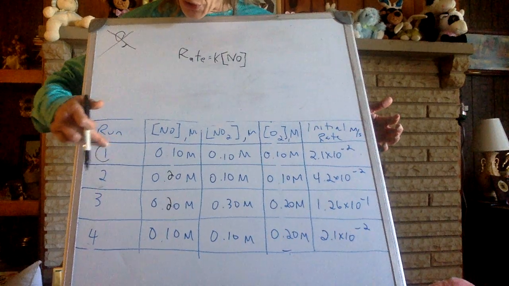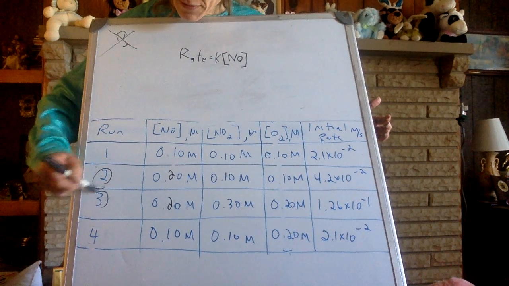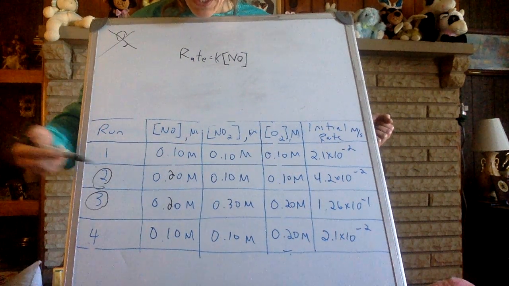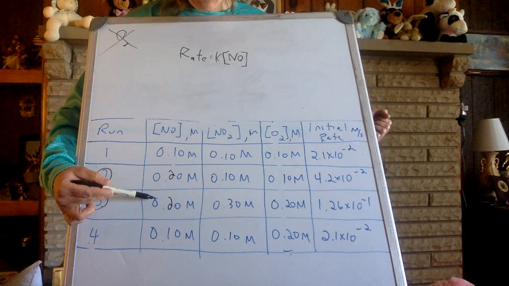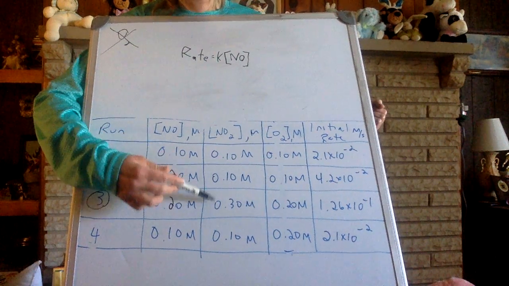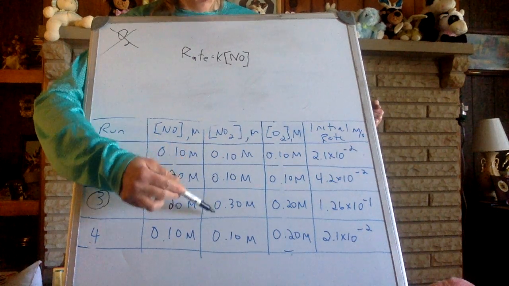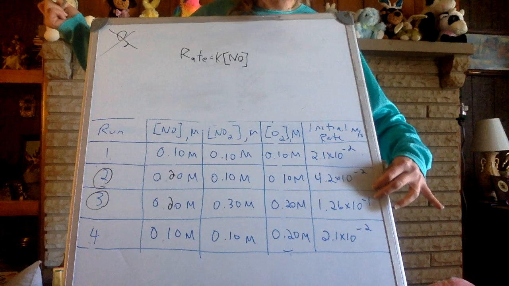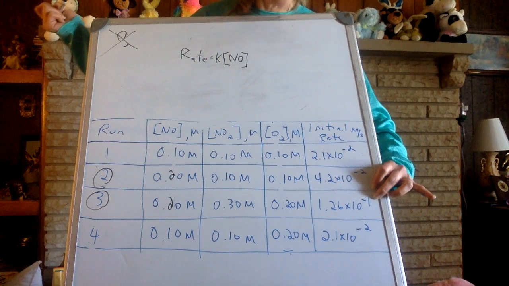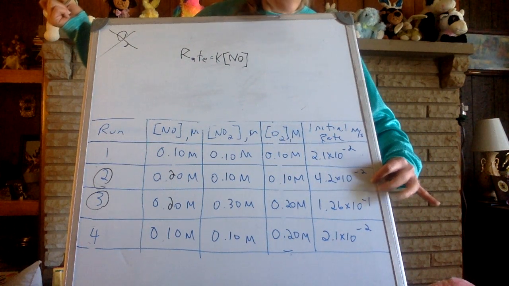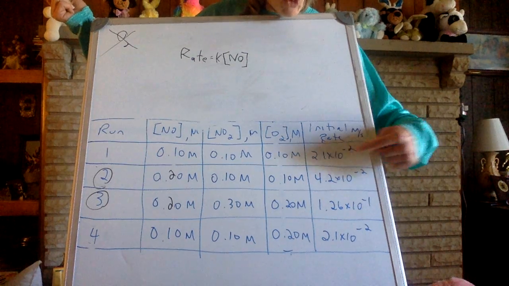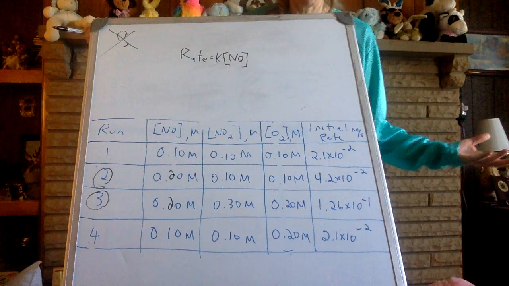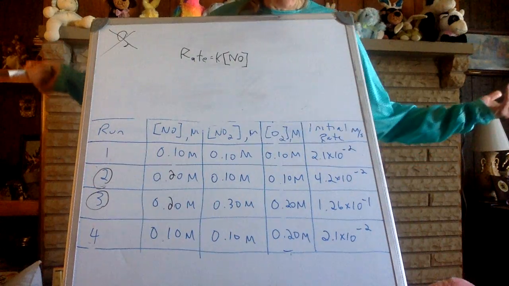This is good. We're going to go down to 2 and 3 and go from here. I triple my concentration of NO2. If you do this on a calculator, you'll notice that your rate triples as well. So 4.2 times 3 gives me 12.6.